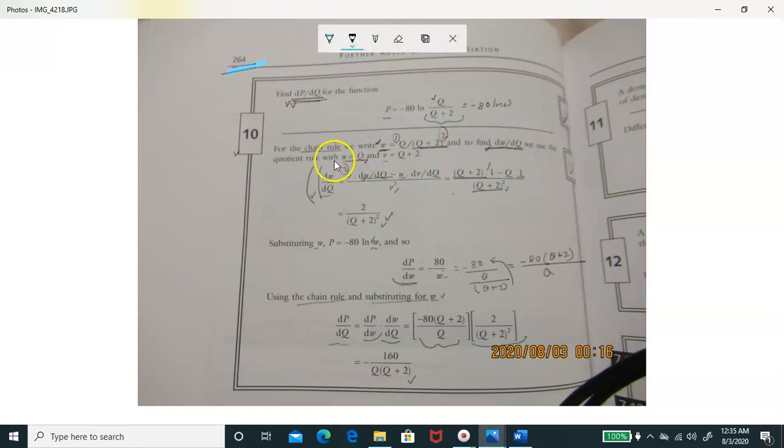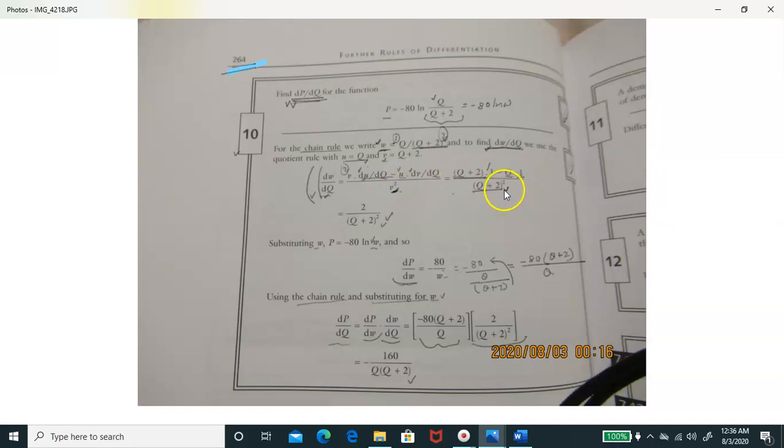We can use the quotient rule here, where u, the upper function, is q, and the lower function v is q + 2, right? So now let us use the quotient formula. We have v, the lower function, multiplied by the derivative of u, minus u, the upper function, multiplied by the derivative of the lower function, and then the lower function v squared in the denominator.